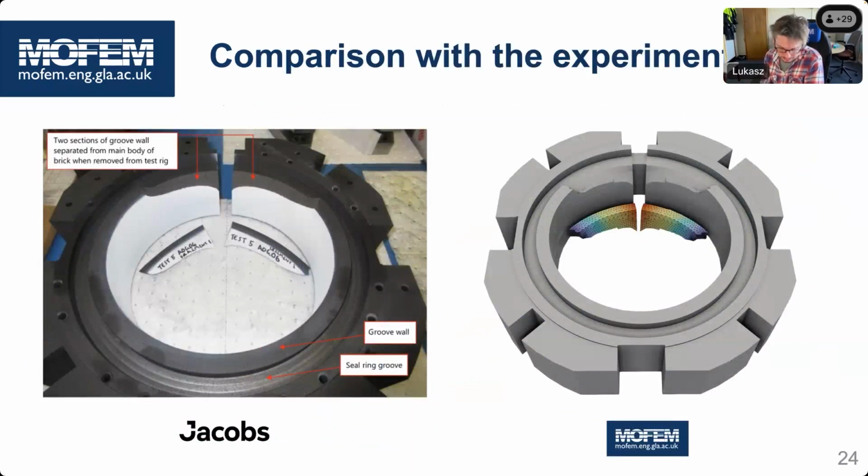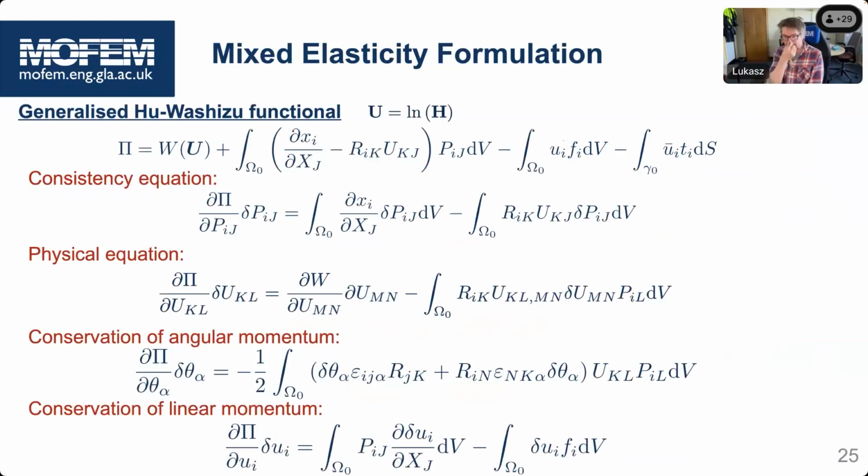But that works. So we started to think about a mixed formulation, and we start with this generalized Hu-Washizu functional. This is the logarithm of the stretch. Here I made a mistake, it should be the exponent. When you take the exponent of the logarithm of the stretch, you get the stretch, and then you can calculate the strain energy as I showed on the second slide.